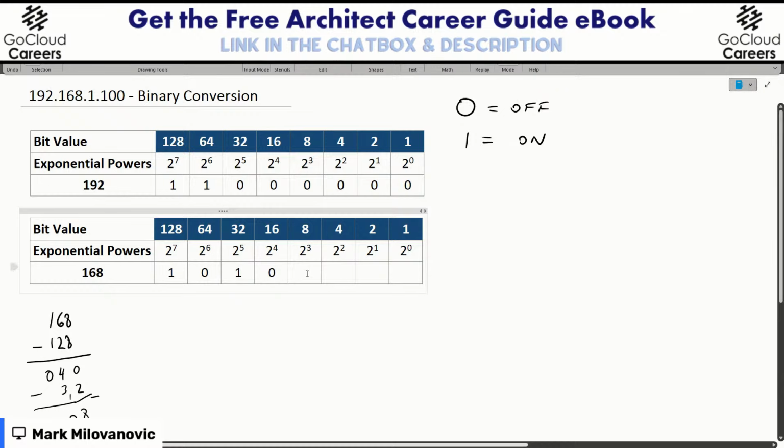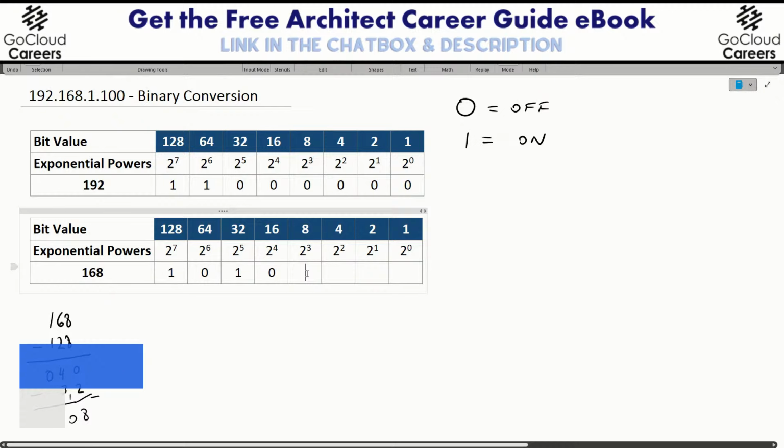What about the 8? Does it fit into the 8? Can I get the value 8 back? Anna, perfect. 8. Ben, yes, fantastic. Yep, so 8 fits into 8.